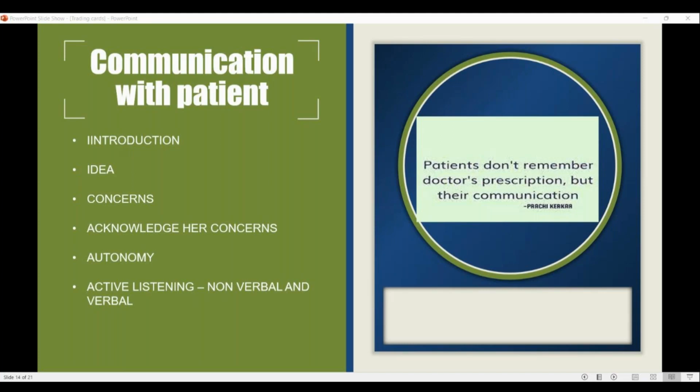So don't impose your own ideas, or previously fed ideas. Just go by the station, wherever it takes you, and believe me, it's going to take you where you are supposed to be. Then autonomy: it's her choice, never yours. But at the same time, you're not going to do everything she says.